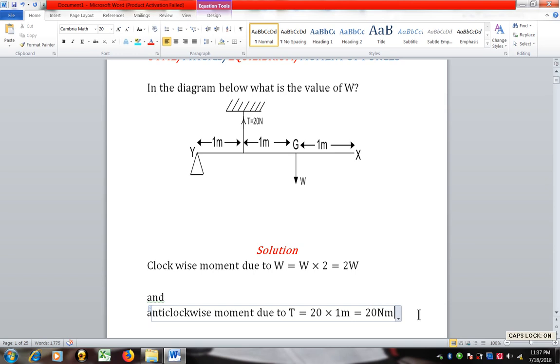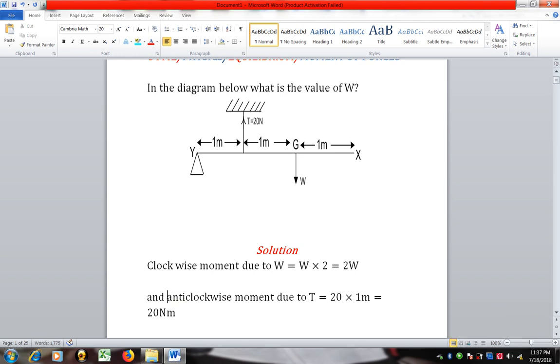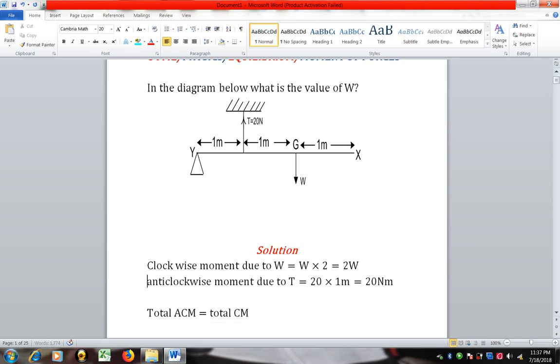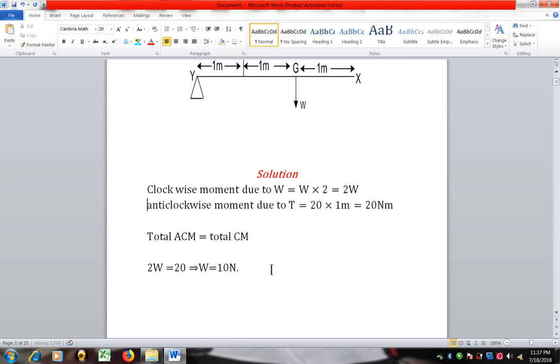So that is the anti-clockwise moment. Now going back to the principle of moment, total anti-clockwise moment is equal to total clockwise moment, which means 2W equals 20.